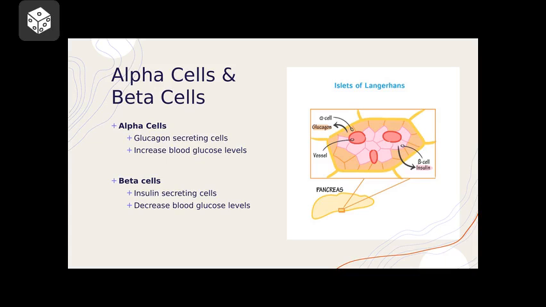With glucagon, it goes down to the liver and says, hey, I'm going to need some of that sugar. So your liver is going to release that glycogen, turn it into glucose, and it's going to be used by the body. So the end result of glucagon is going to increase blood glucose. That's why we say if the gluc is gone, we want to get the glucagon, because that's going to help raise our blood sugars up.